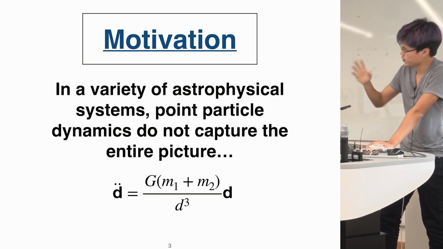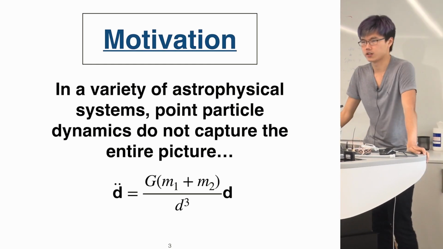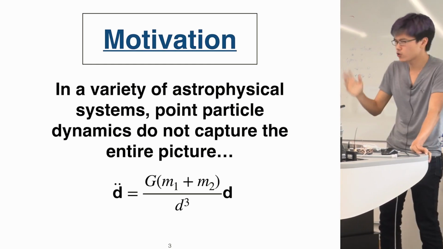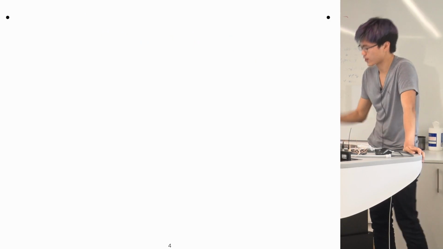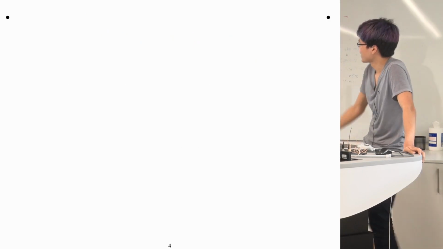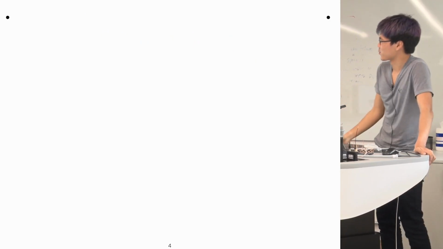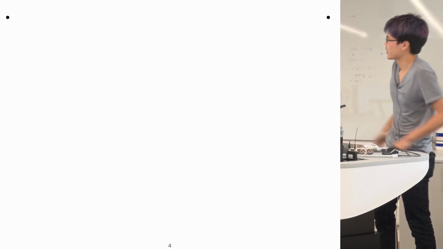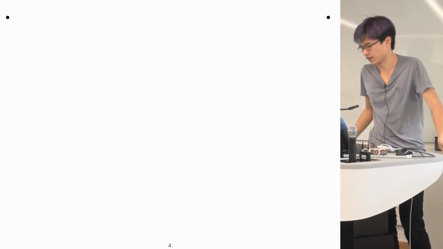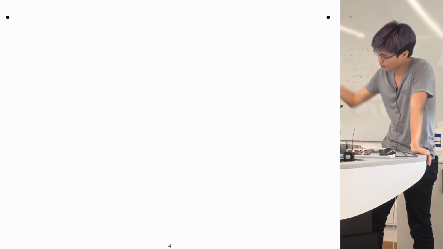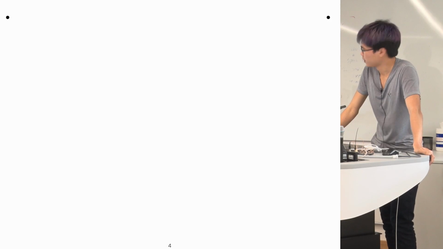If we call this the zeroth order approximation, it is usually very good, because most astrophysical systems look something like this, where the distances are so vast that the structure of the bodies really is insignificant. You can't even see it. So again, just point particles.